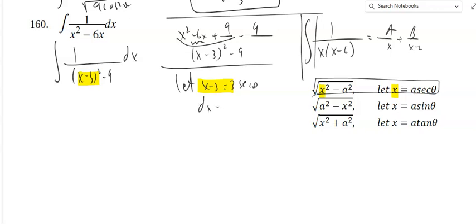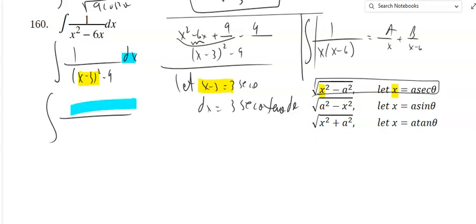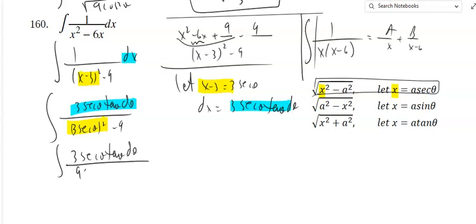Take a derivative of the left, that's dx, derivative of the right, secant of theta tan of theta d theta. This becomes the integral of 3 secant of theta tan of theta d theta. And the yellow part is the square root of 3 secant of theta squared minus 9. This is 9 secant squared of theta minus 9.